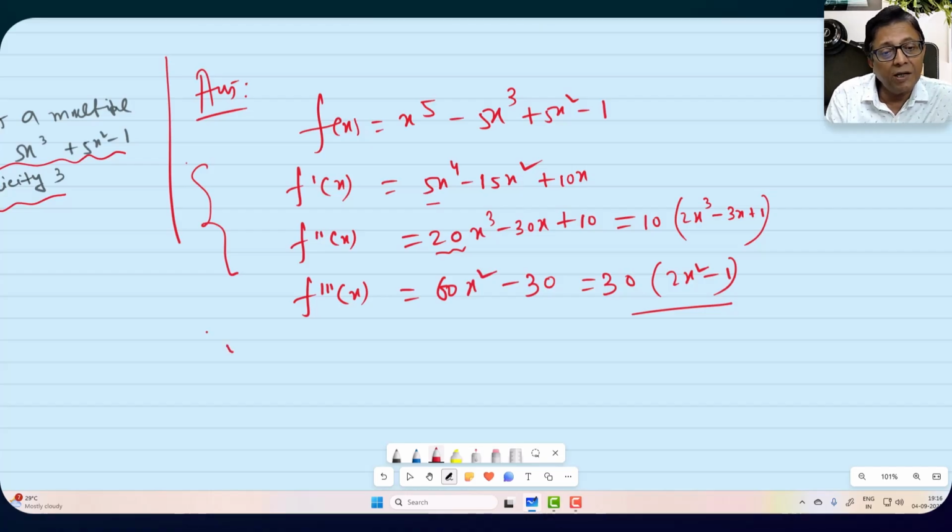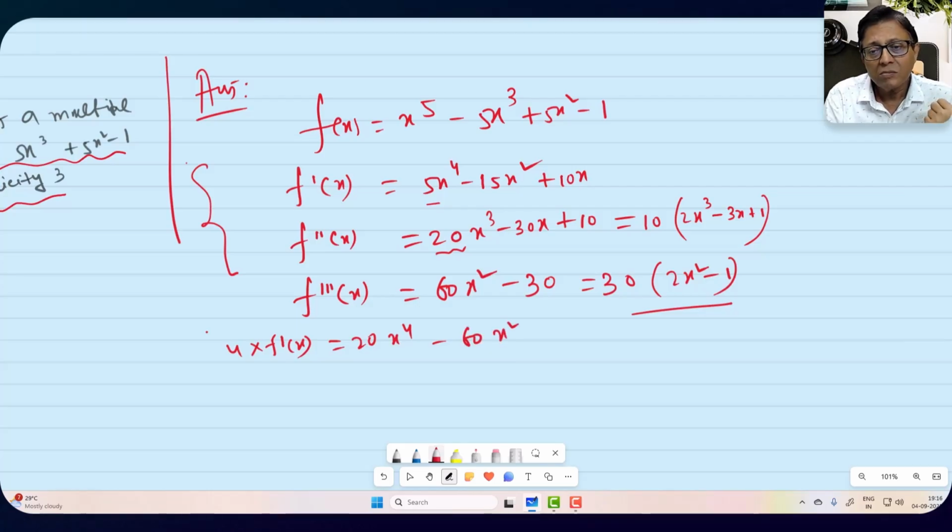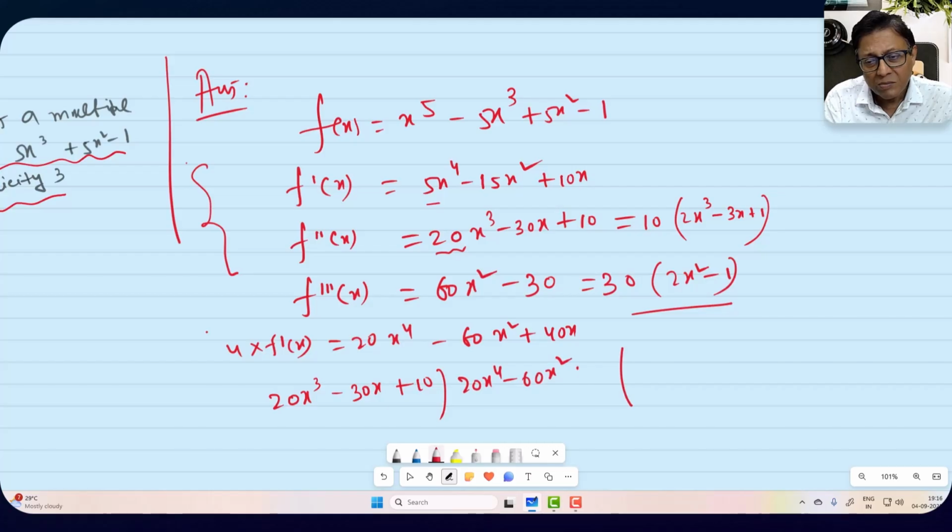So just multiply 4 with f dash x. It is 20x4. What do you do by your method? We divide this by this. Synthetic division or long division, whatever, same thing. 20x4 plus 40x.